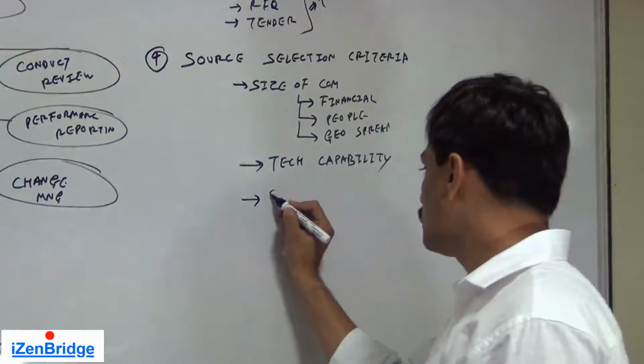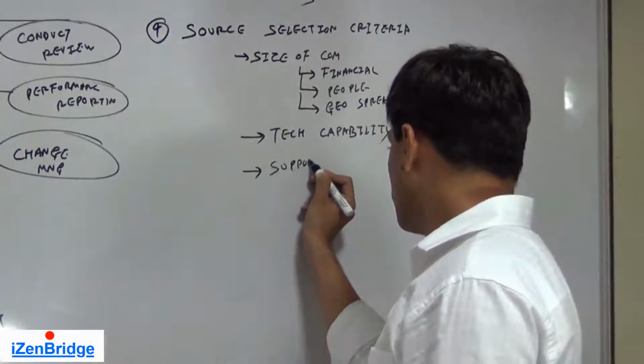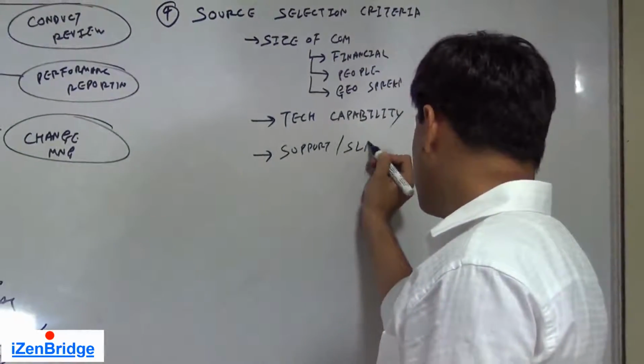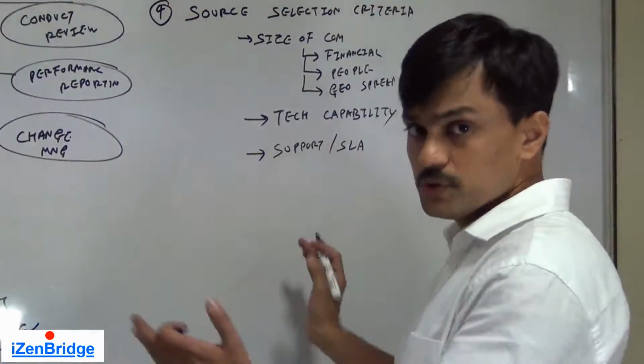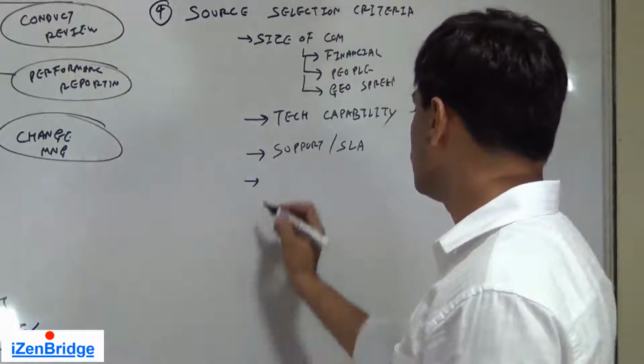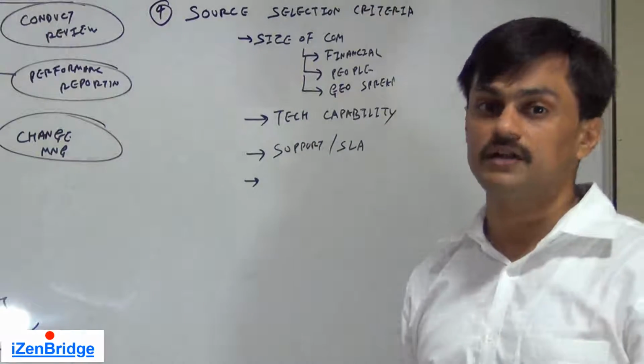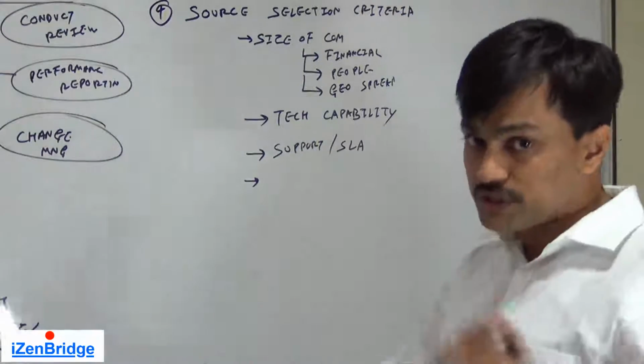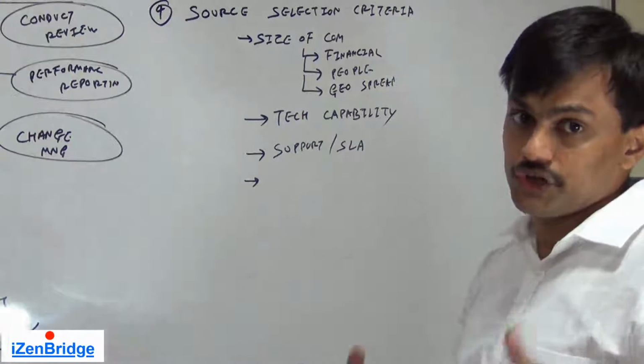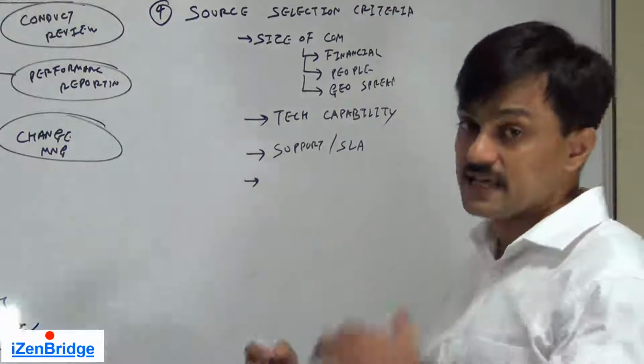Support or SLAs for support could be used as a criteria. Past performance: if you have been working with those vendors before, how they were delivering their commitments could be used as a criteria.